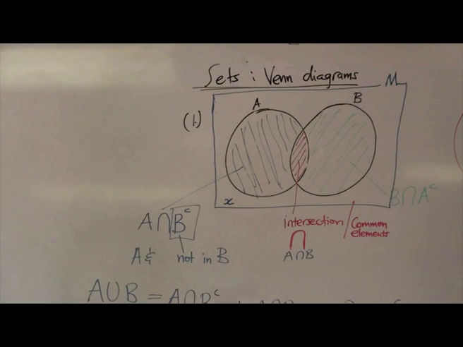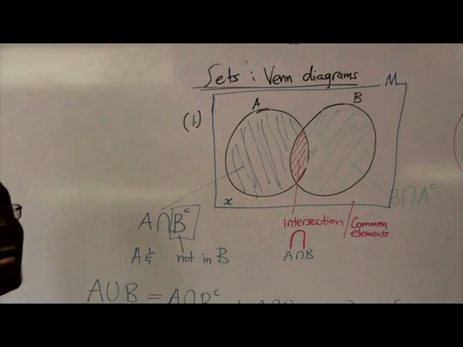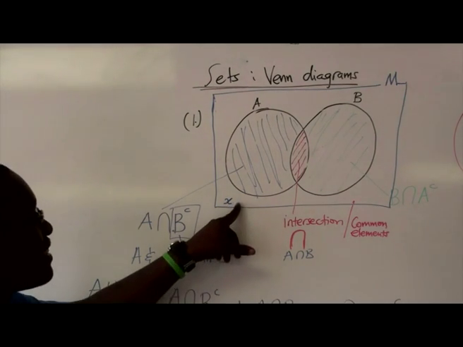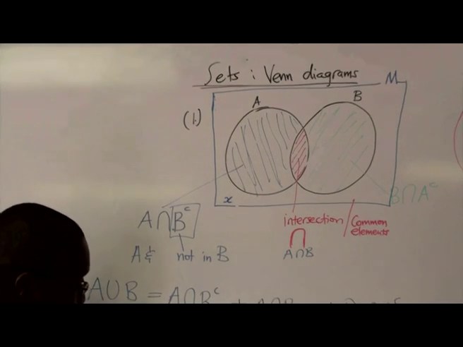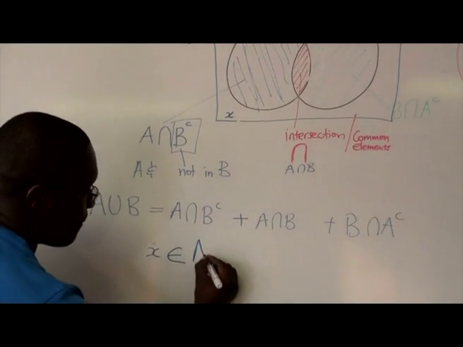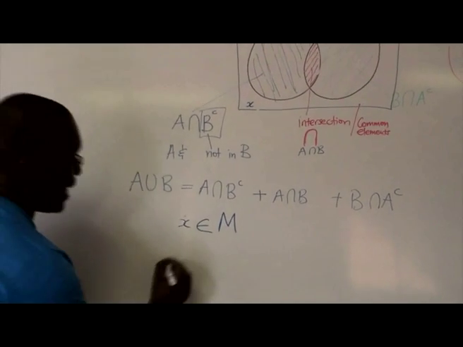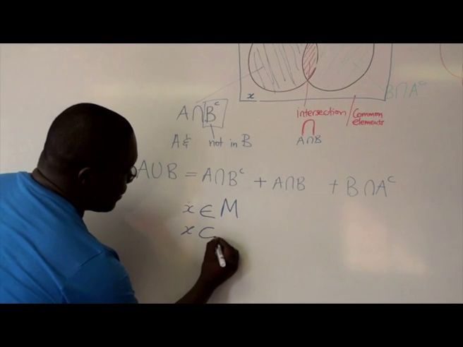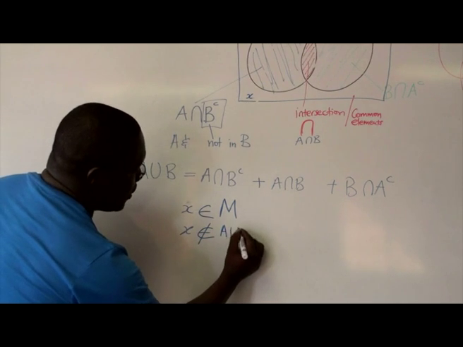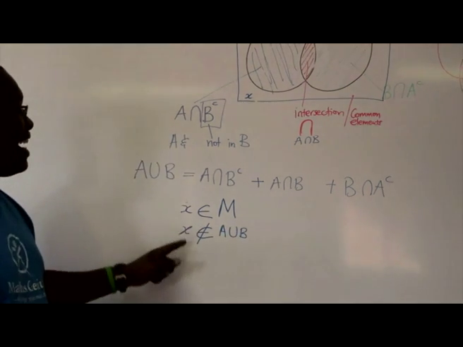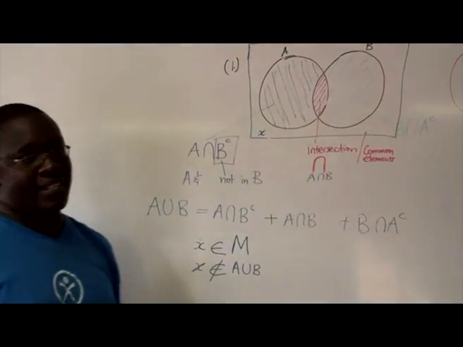So, if somebody is to ask you, where is X? I can explain it and say, X is in M, right? So X is an element of M. But I can also say X is not an element of A union B, meaning that X is not within the blue, red, and green areas.